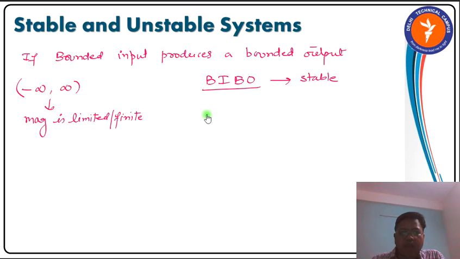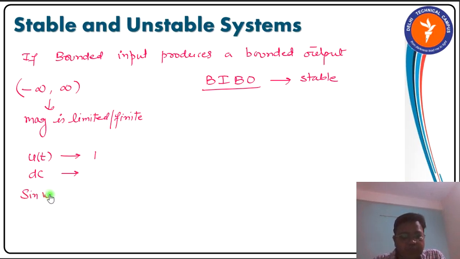What are unbounded signals? Let us see. Say we have u(t). We know the magnitude of u(t) is always 1. That means it is an example of a bounded input. Similarly, a DC signal will again be an example of a bounded input.